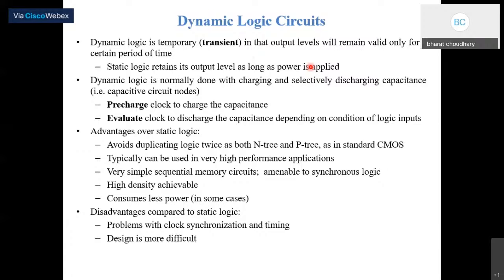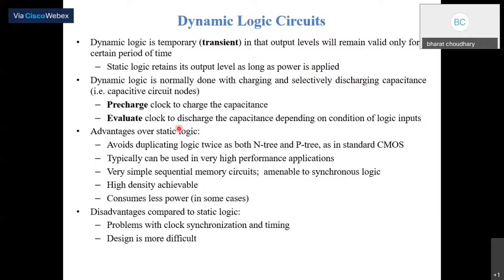Static logic gets its output level as long as power is applied, whereas in dynamic logic, if we remove the power, the logic level will still be maintained across the parasitic or load capacitor. So that will work as a power source.